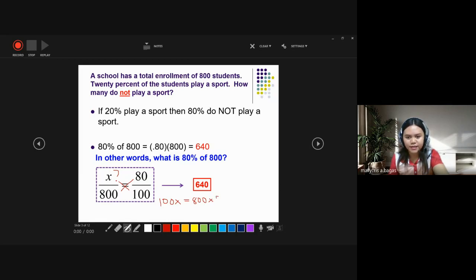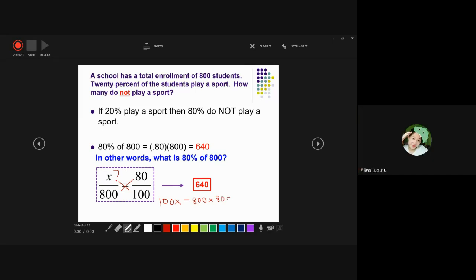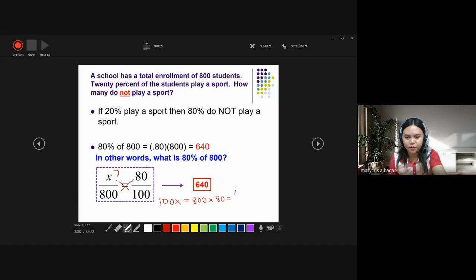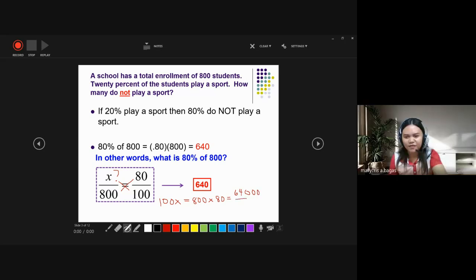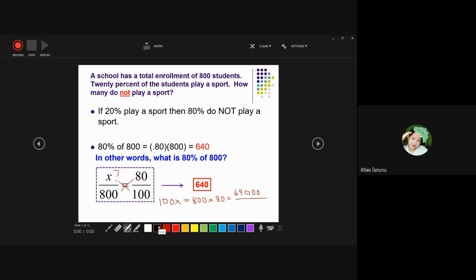Solve this. 800 times 80 is 64,000. Divided by 100.